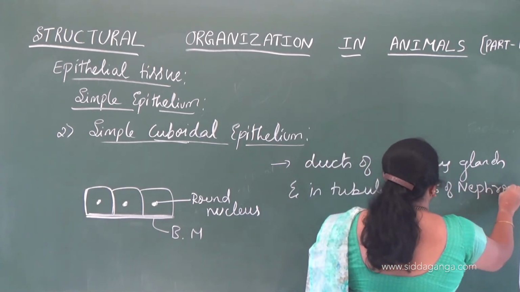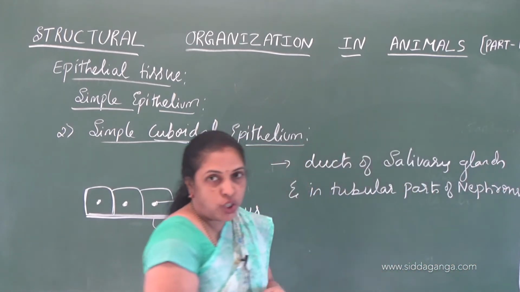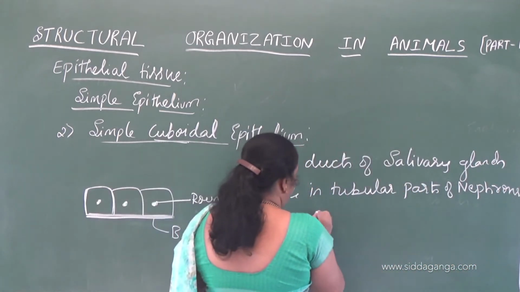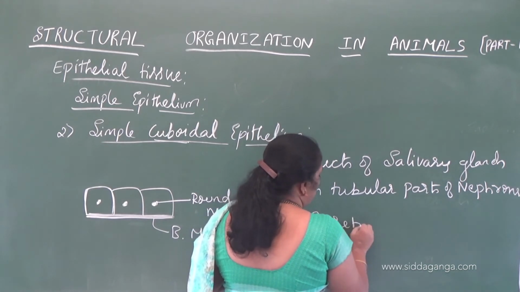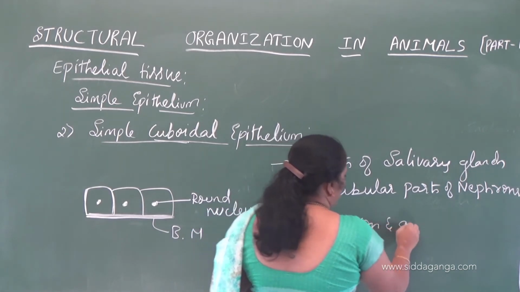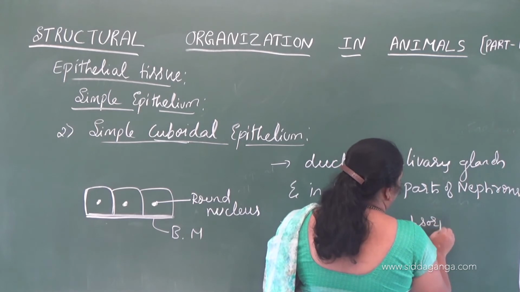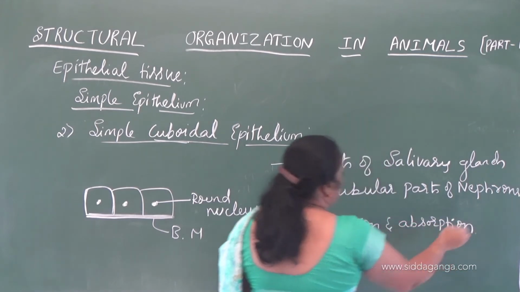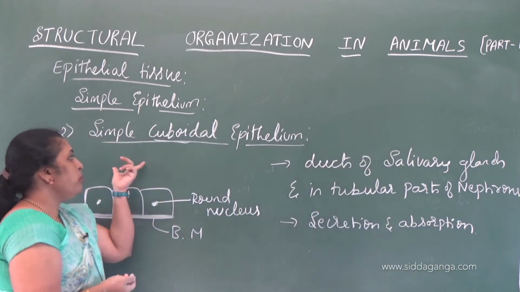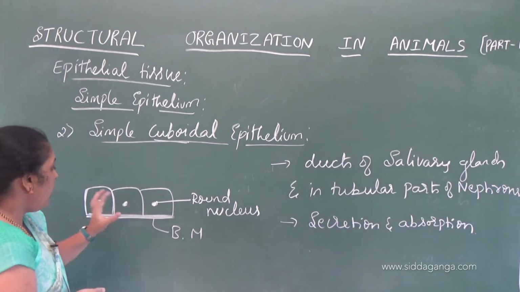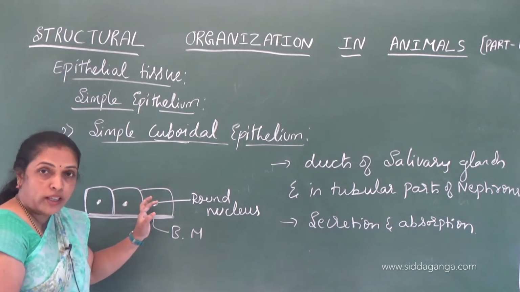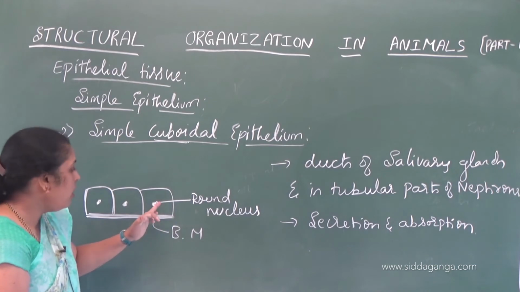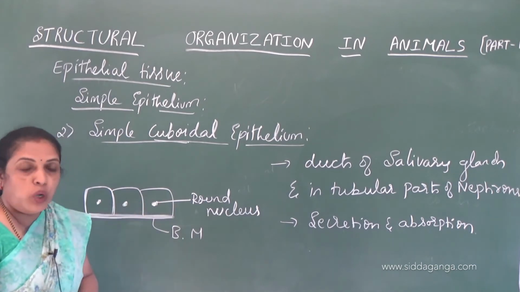The main function is secretion and absorption. Understood? So simple cuboidal epithelium has cube-like cells lying above the basement membrane with a centrally situated round nucleus.